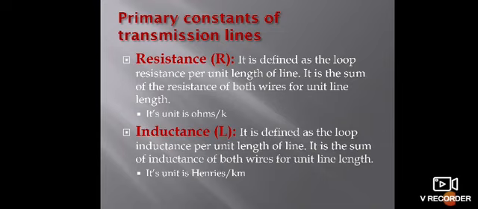I have said that any primary constant can be given per unit length of our transmission line. So the inductance is the sum of inductance of both wires for unit line length, given as henries per kilometer. So these two are the primary constants of our transmission line.